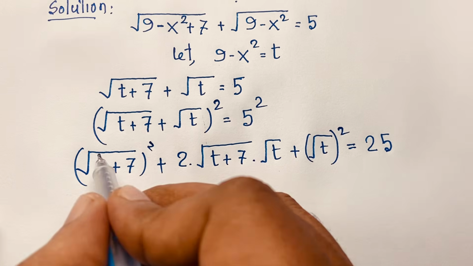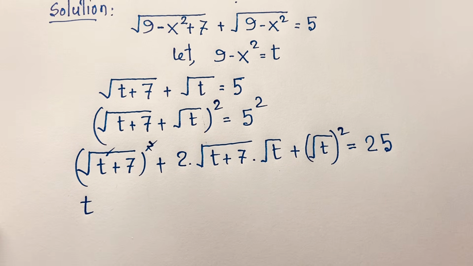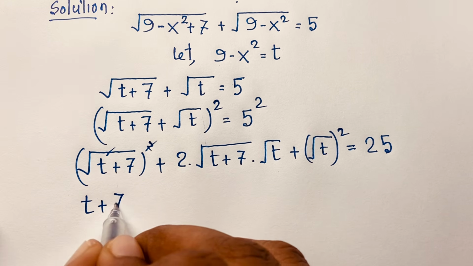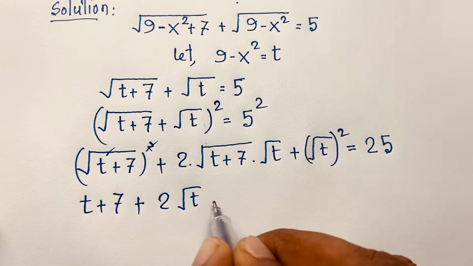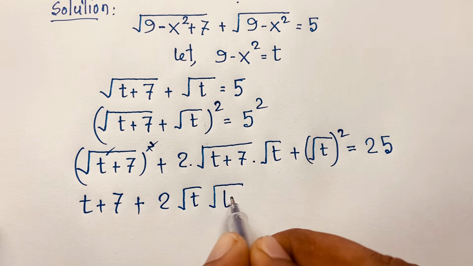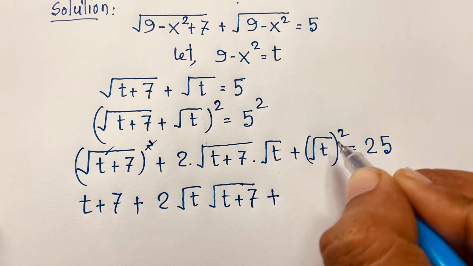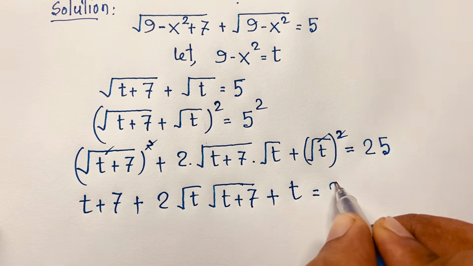Then here the square root is cancelled, we'll find out it will be t plus 7, plus 2 square root of t times square root of t plus 7, plus, square root is cancelled, which is t, is equal to 25.